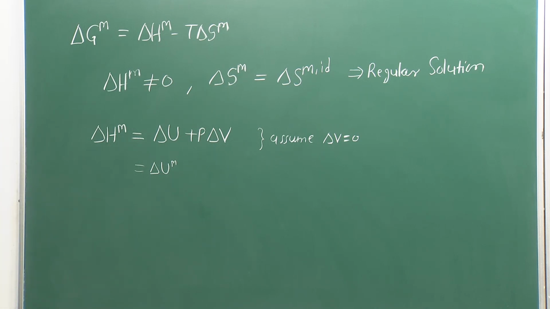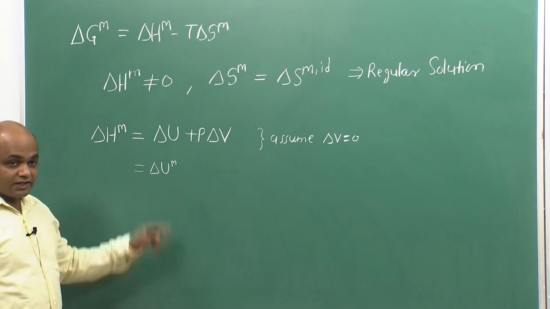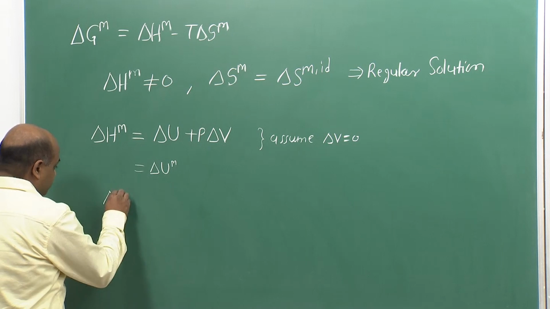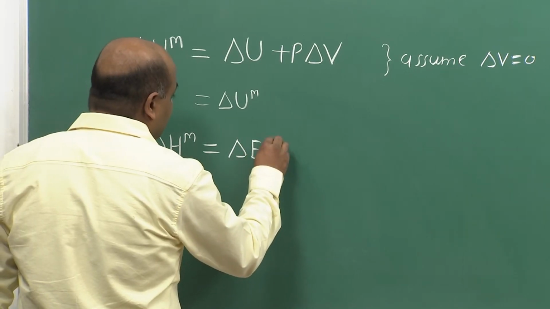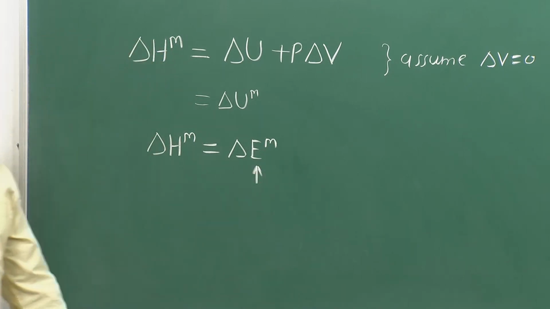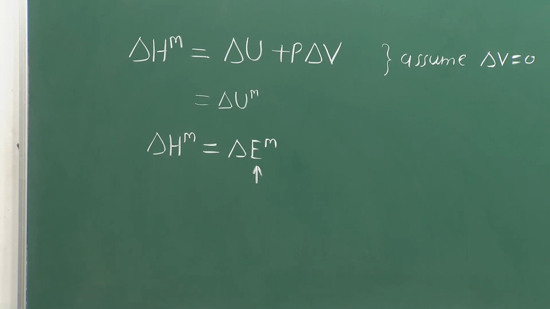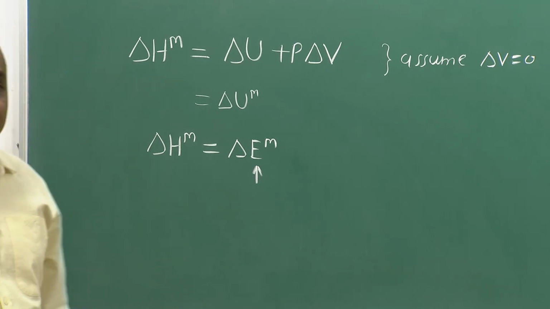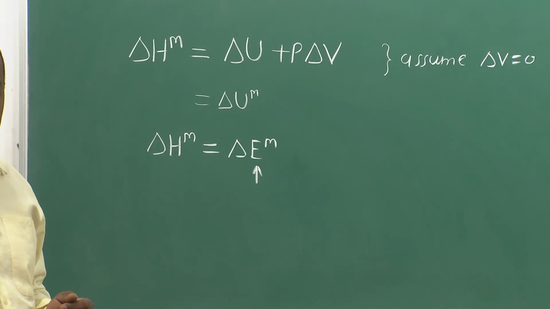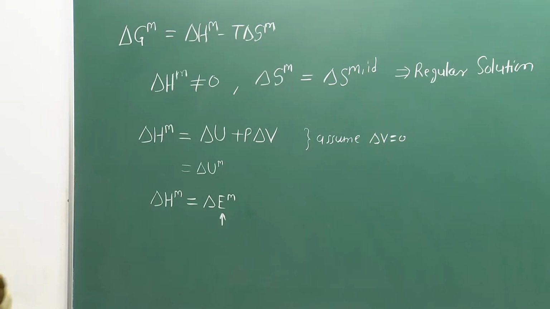Further, temperature is constant, so we do not need to consider the changes in kinetic energy. So, delta Hm is equal to delta Em, where E denotes the potential energy part, and the change in potential energy is only because of the changes in the types of pairs or changes in the number of particular bonds AA, BB or AB in a binary solution.